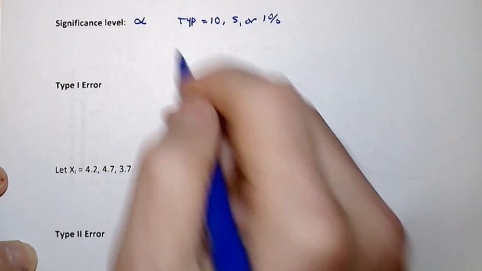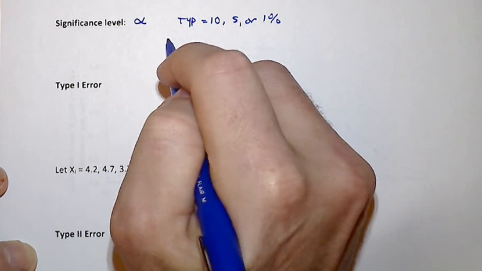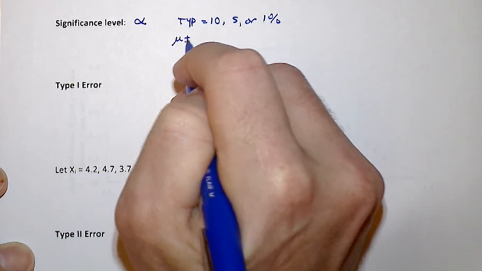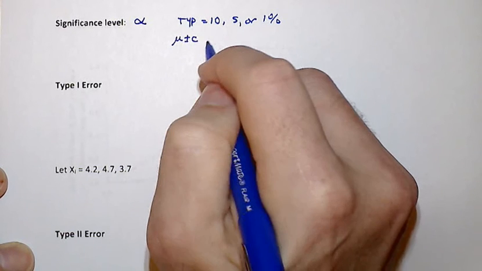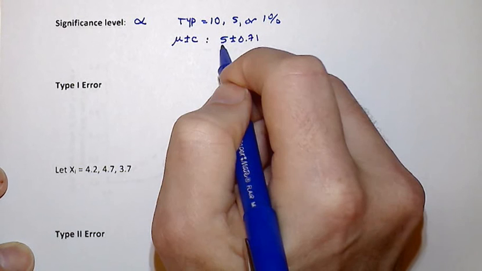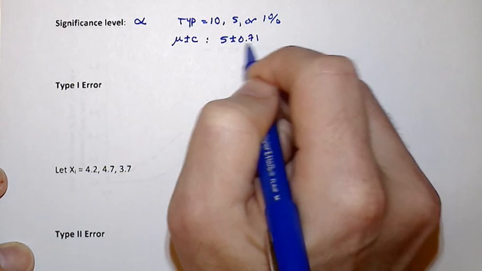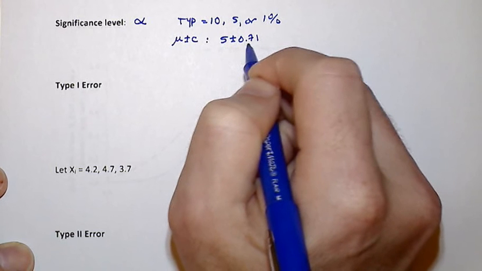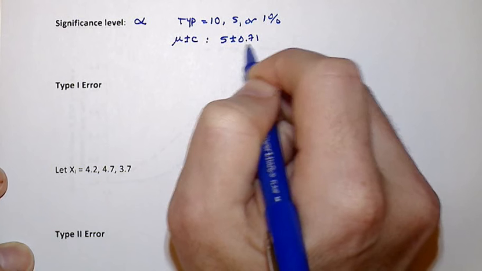Okay, so, and let's restate this just to really nail it down here, that we're looking at mu plus or minus c here, and 5 plus or minus 0.71. This was our target value, right? And this is coming out of our known population and then dividing by the square root of our number in our sample.